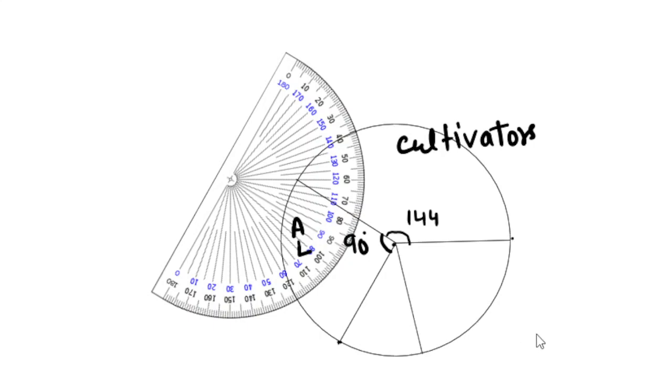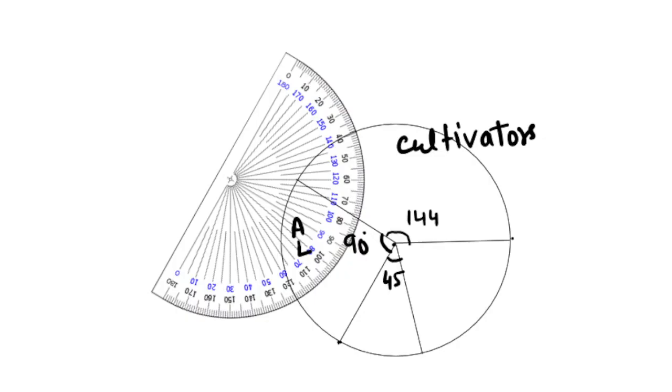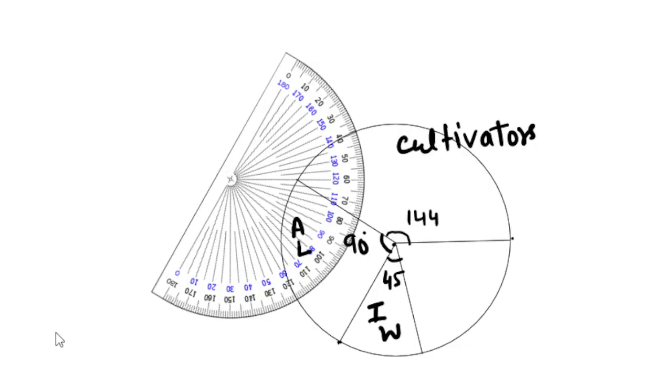This line, yes, it is 45. Okay, and it is 45 for industrial workers. So 45 for industrial workers. Okay. After that, 45 also we have drawn. Now next is 36 degree, which is for commercial worker. 36. Okay. So now as we have drawn this line at last, it means this line will work as baseline.